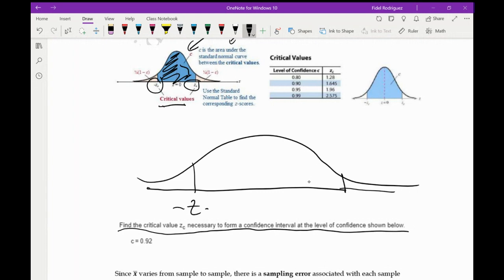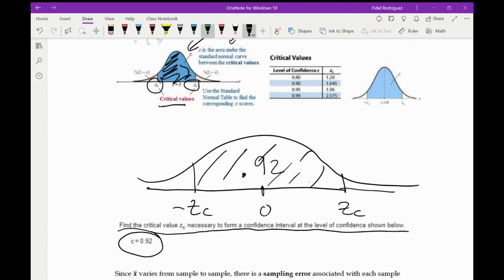Now, I want to point something out. One of them is going to be negative and one of them is going to be positive, because I know right in the middle is zero. Since it's given me this C, 0.92, that's telling me that the area under this part of the curve in here is 0.92. Just a reminder that the total area under the curve is equal to 1.